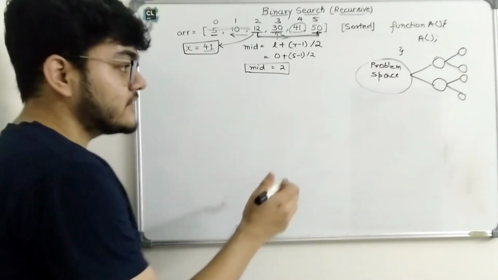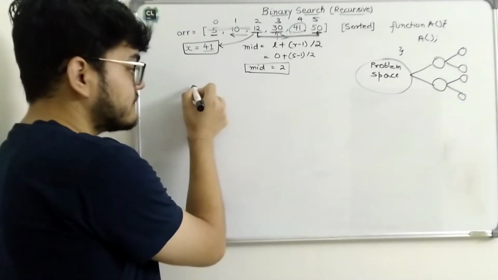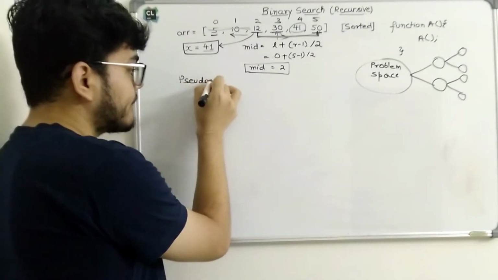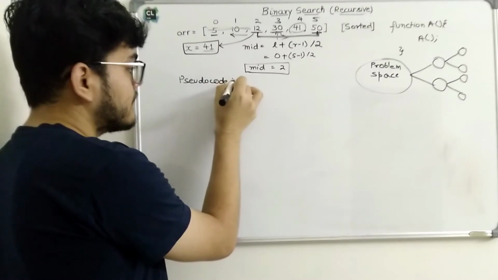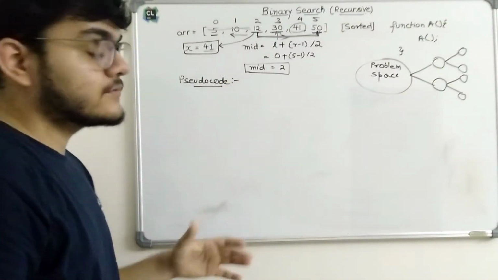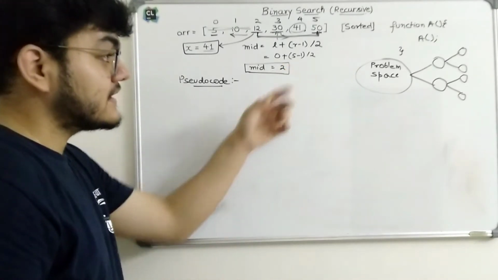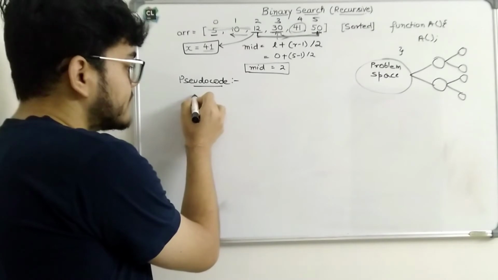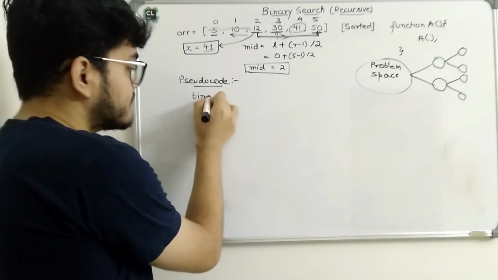So the first thing we need to do is define a function. First of all, I'm going to write the pseudo code here so that we can use the pseudo code to implement the same in Python. The first thing is I will have to make a call to the binary search function.